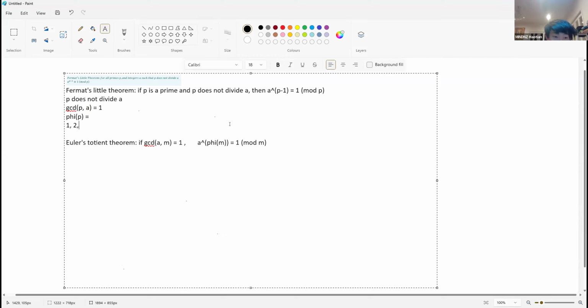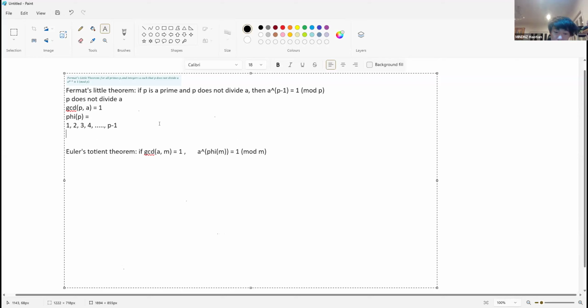If we consider the numbers less than p, how many numbers have a GCD of 1 with p? 2 is a reasonable guess, but it is not correct, unfortunately. Look at all these numbers.